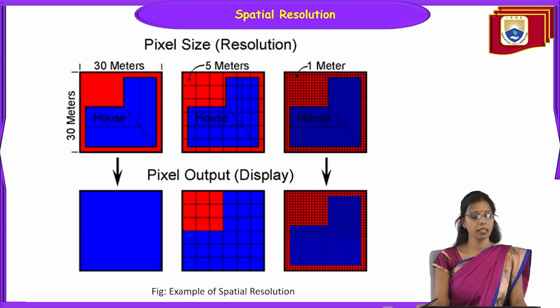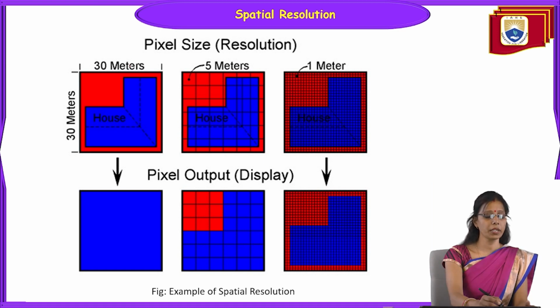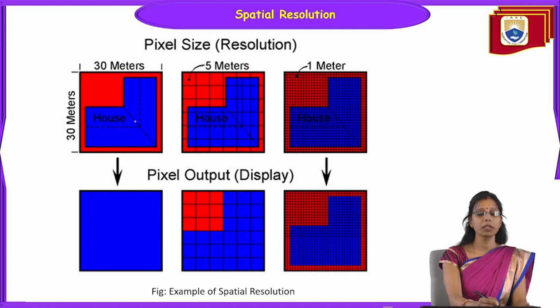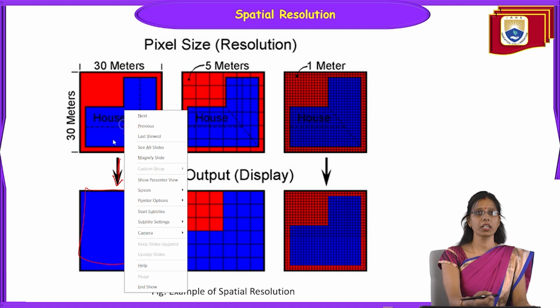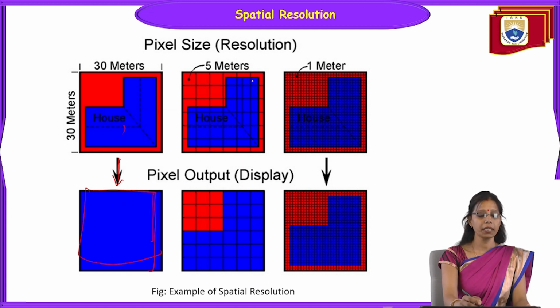Now let us see in this image. Now suppose 30 meters of house, 30 meters of pixels. Now at 30 meters, the output will show only in 1 pixel. That means what is the detail in this? We can't identify. Now 5 meters means the output will be like this, like red and blue.